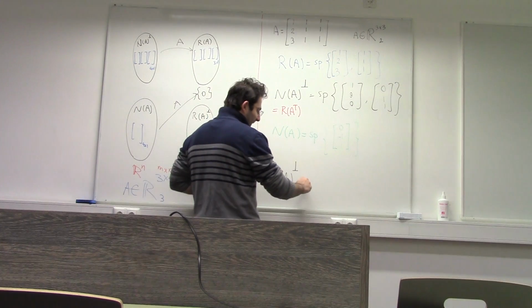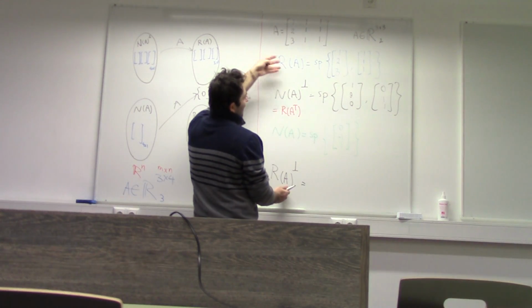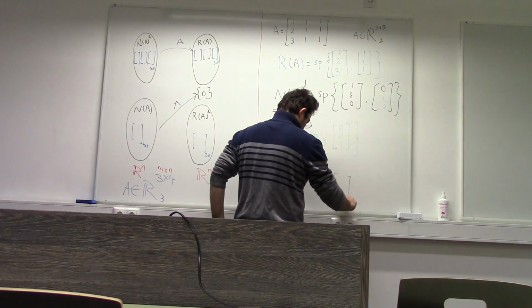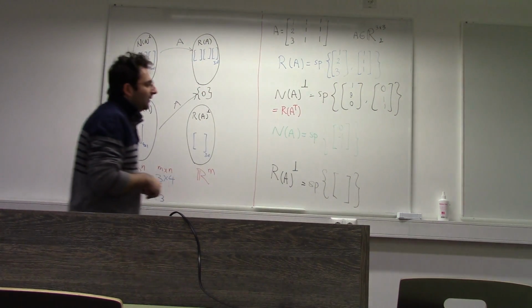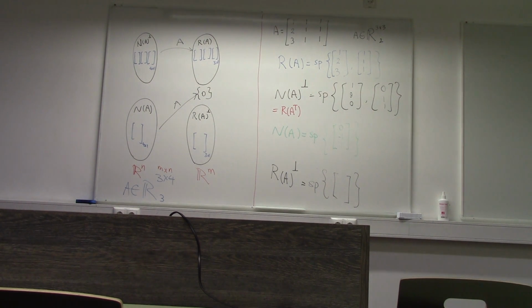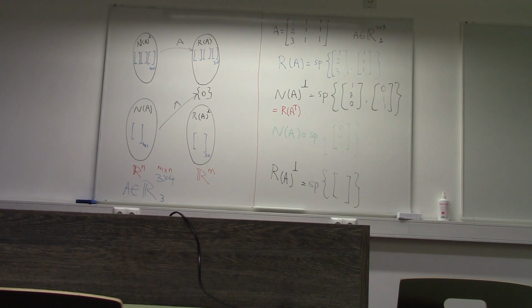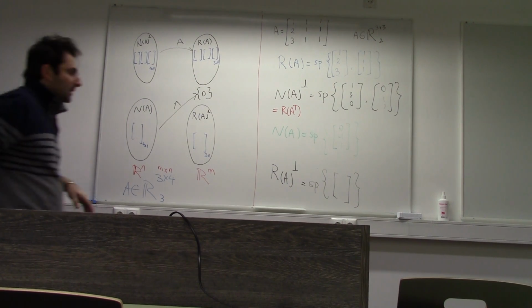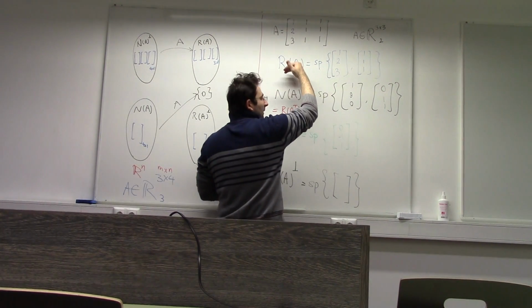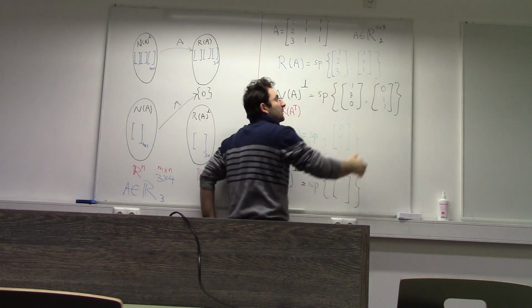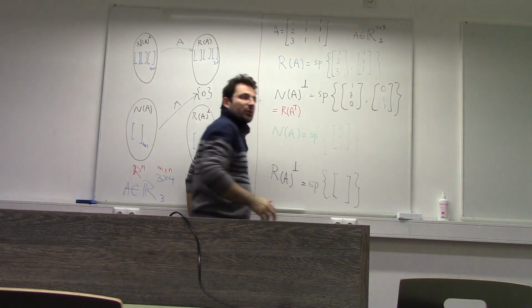And for this one, how many vectors will I have? Because this had 2, definitely this has 1. And we know that it has to be a vector which, if I multiply with all the vectors that I have in there, I have to get 0. Right? Because this one is orthogonal to this one. So this dot product with this vector should become 0. This dot product with this vector should become 0.